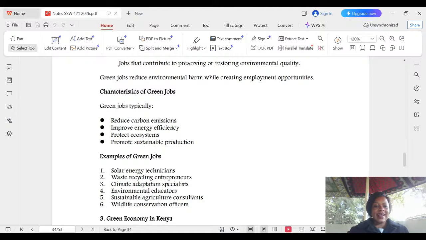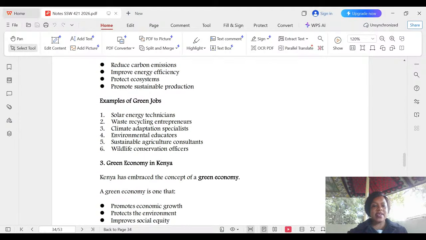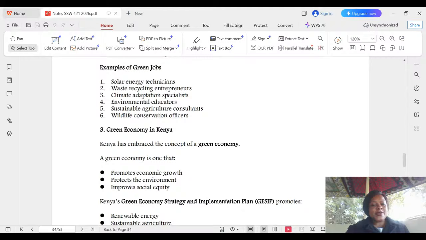Climate adaptation specialists, environmental educators, including those who are training in the field, sustainable agriculture consultants, wildlife conservation officers, and others. So we're encouraging our clientele in the rural areas, and those who are vulnerable, to acquire the skills to carry out these green jobs or be entrepreneurs of green jobs.